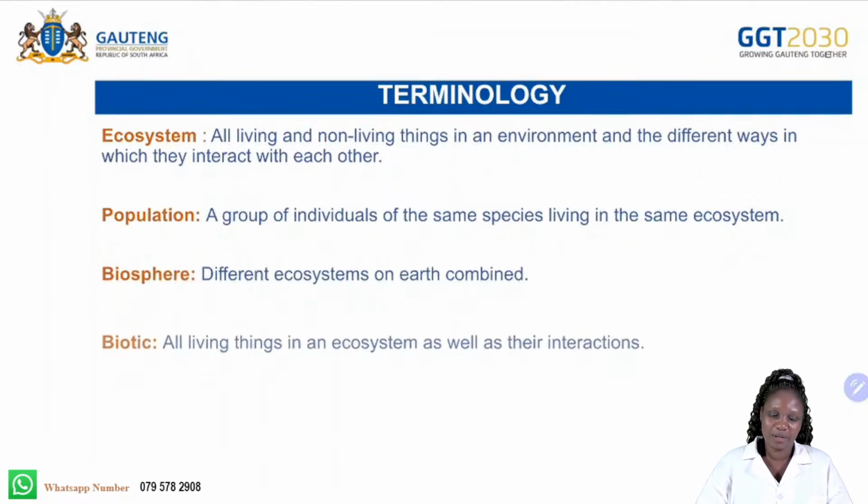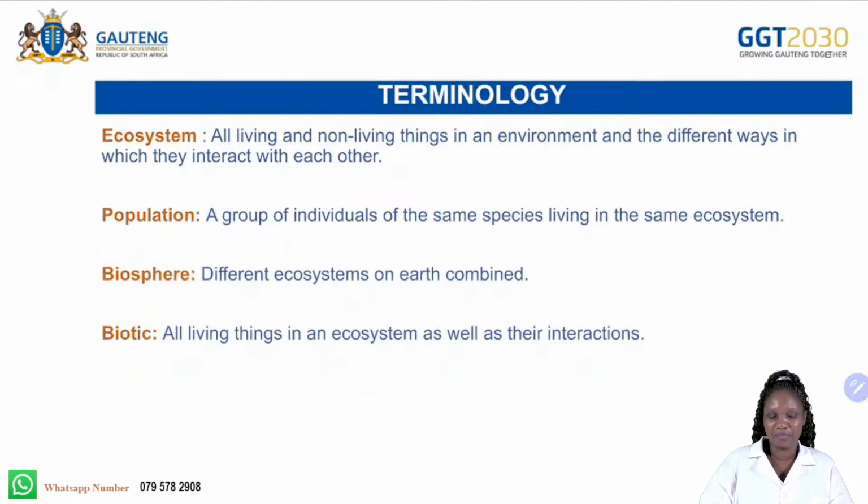Let's look at our terminology. We've got ecosystem. What is ecosystem? These are all living and non-living things in an environment and the different ways in which they interact with each other. This is an ecosystem, right? For example, water is abiotic, it is non-living.